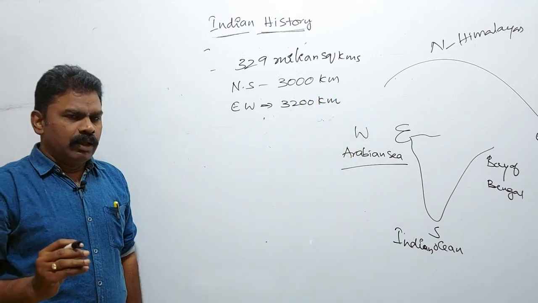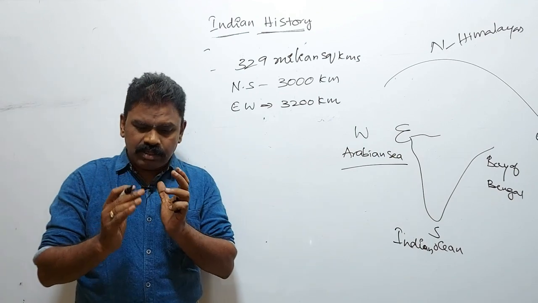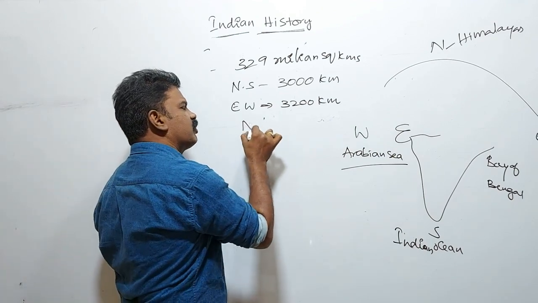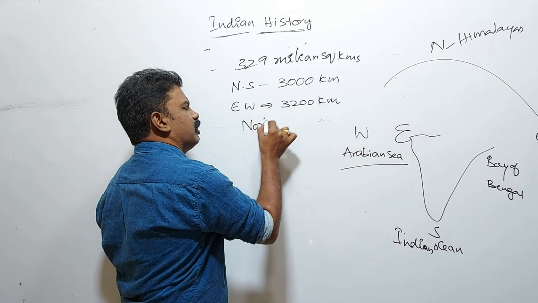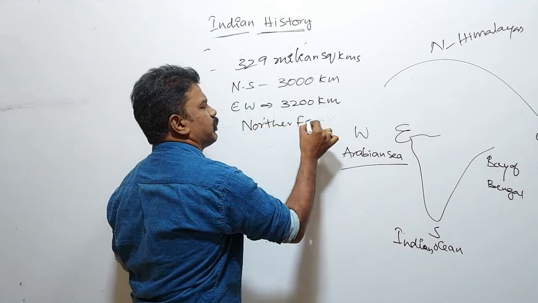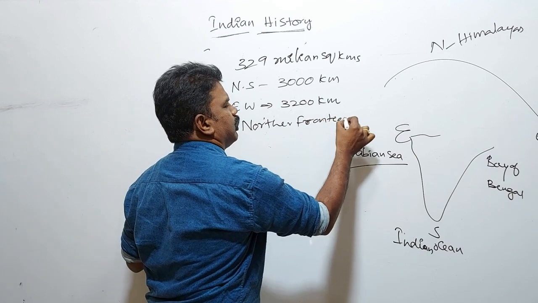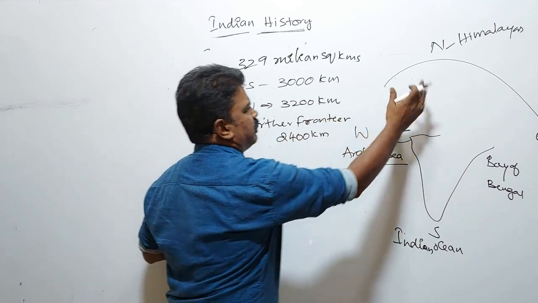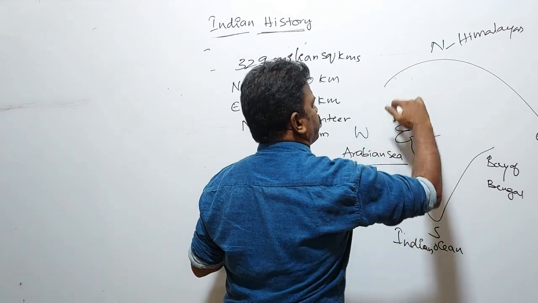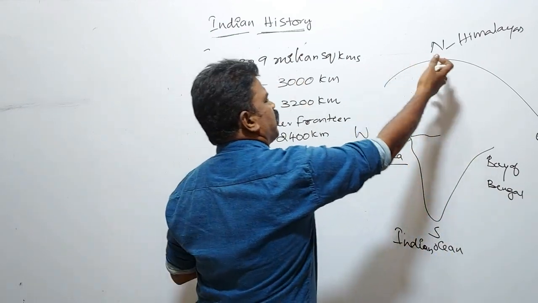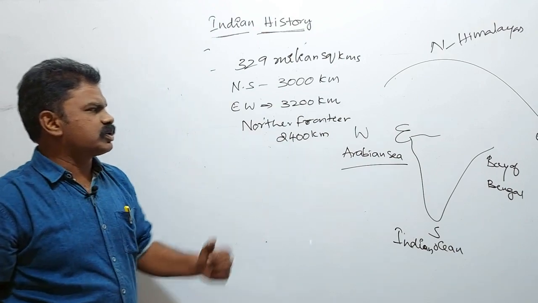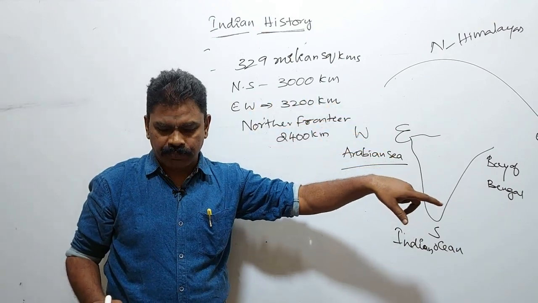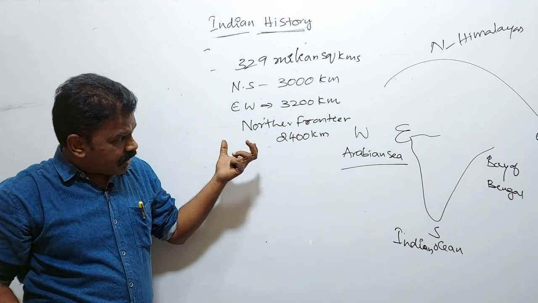The northern frontier is about 2400 kilometers.